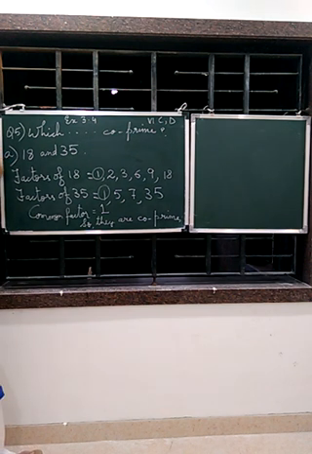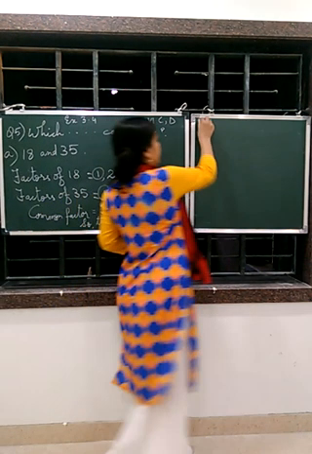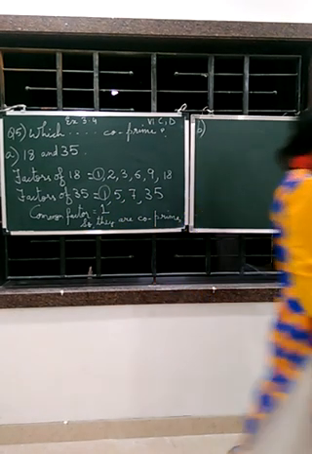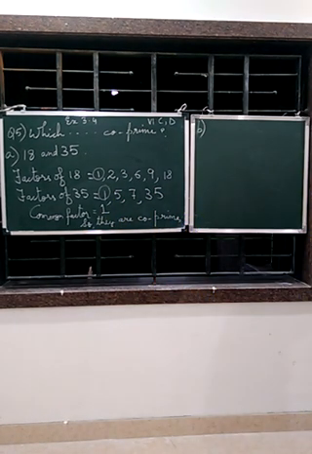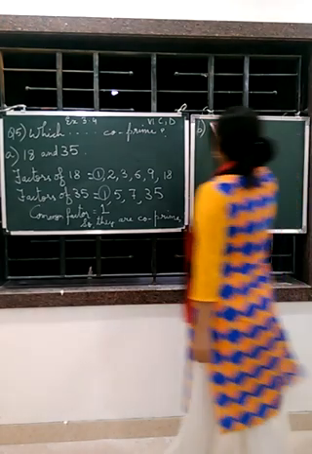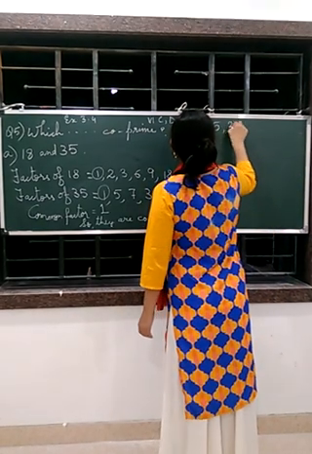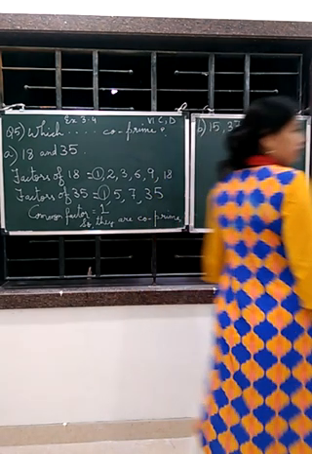So this is how you are going to complete the question. This was the first part. Now we start with B, 15 and 37.